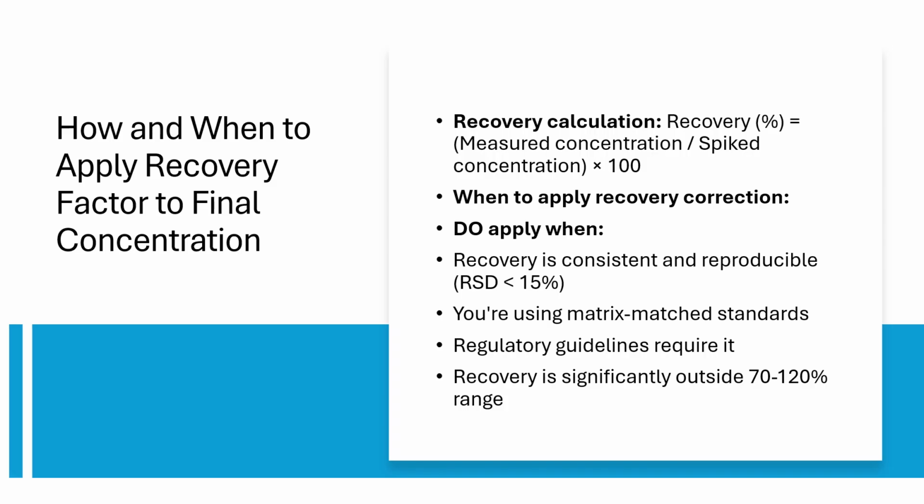So if you analyze your spike say 3 times, it should be consistent. If the recovery is 50%, then analyzing the sample 2 more times, the recovery should be around 50%, and the RSD of the recovery should be less than 15%. Then only you can apply the recovery factor.